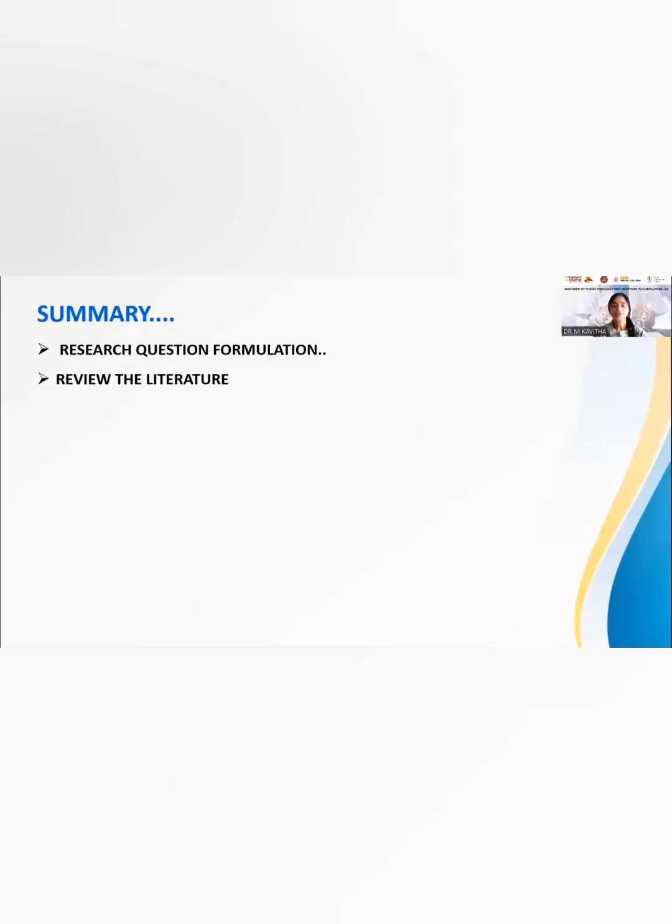To summarize, first of all, you have to attend some research methodology course or a workshop. Then the main thing is formulation of the research question. Familiarize yourself with the existing research on the topic. You have to do a thorough literature search. Then research design selection is very important.